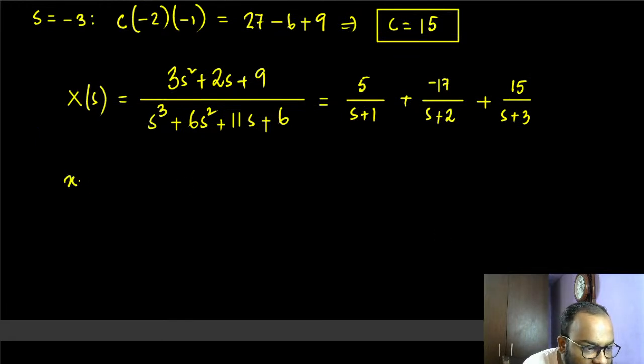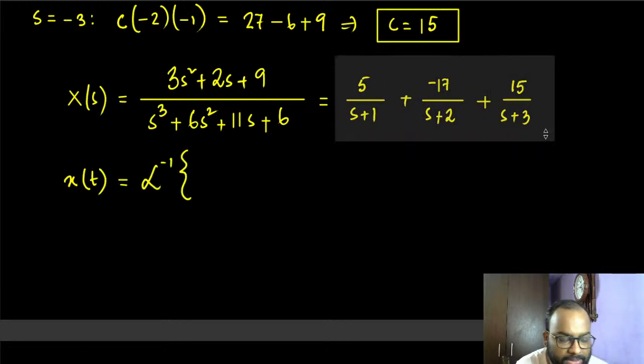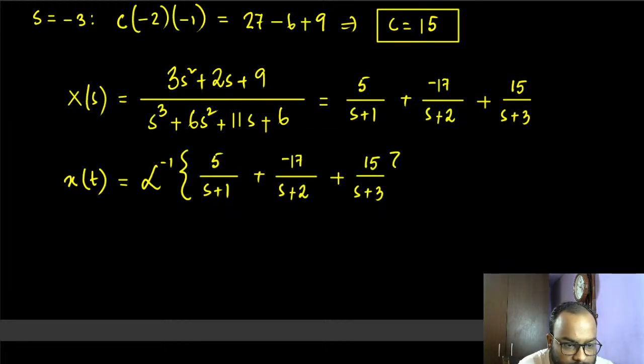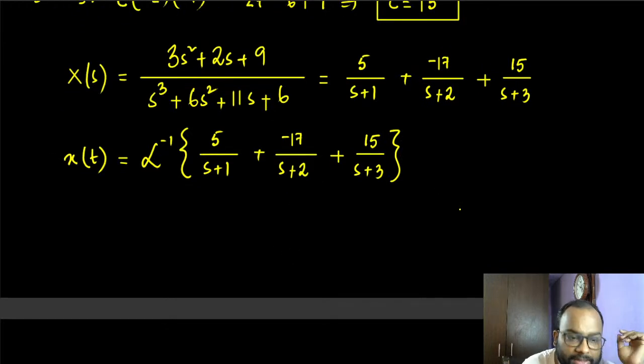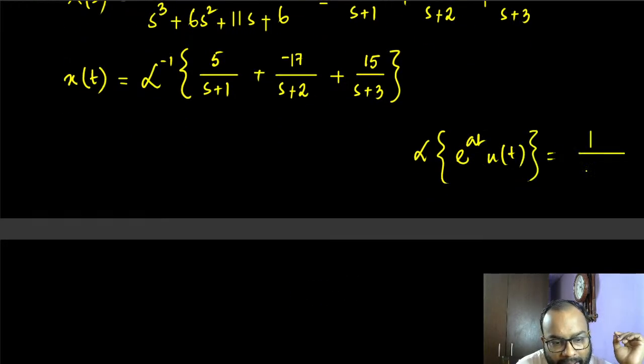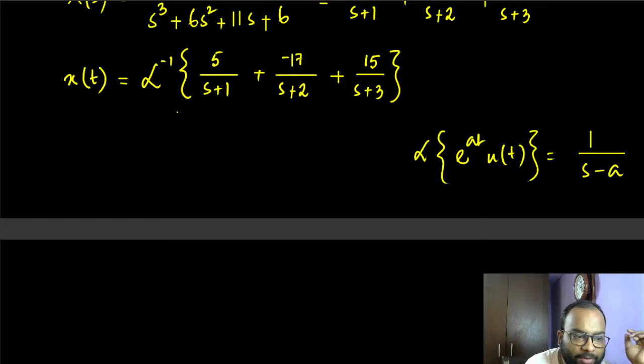So applying an inverse Laplace transform on this to calculate x(t) would be just applying an inverse Laplace transform on that thing. Now, of course, we know that the Laplace transform of e to the power at u(t) is 1 by s minus a, and from that understanding, we can say that the inverse Laplace transform of this first thing is 5 times e to the power minus t u(t).